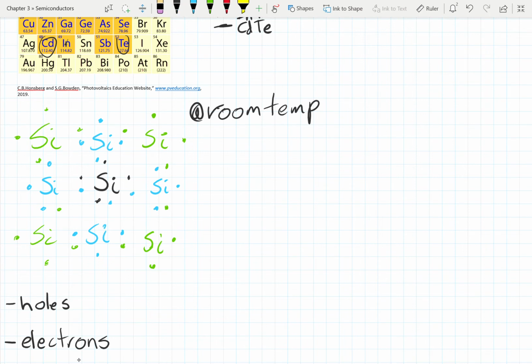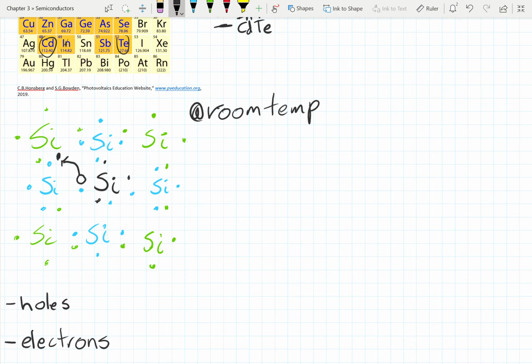By breaking covalent bonds, you're freeing electrons and creating what's called a hole. So let's take this one for example. It leaves behind a hole and the electron gets free. This free electron moves across the lattice, and this is obviously what creates conductivity.